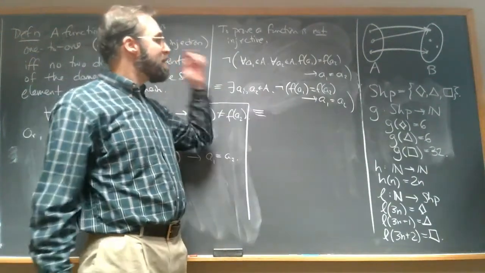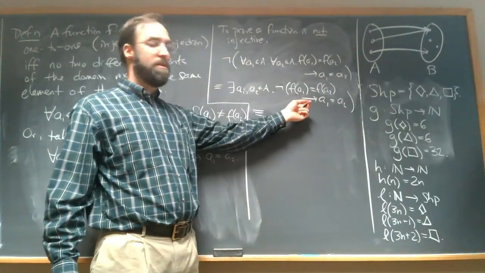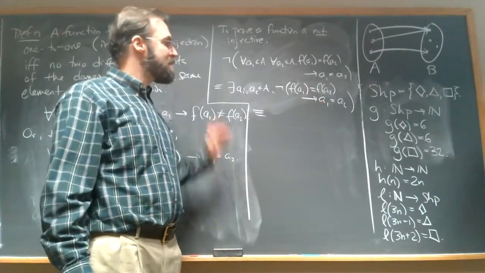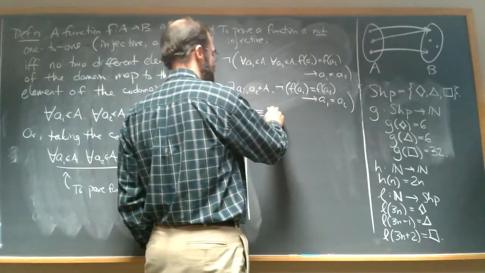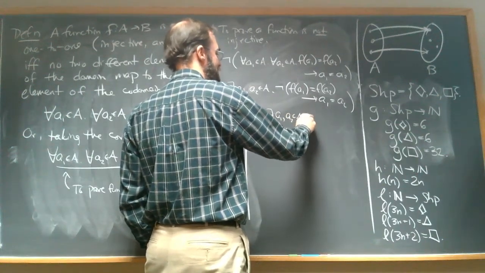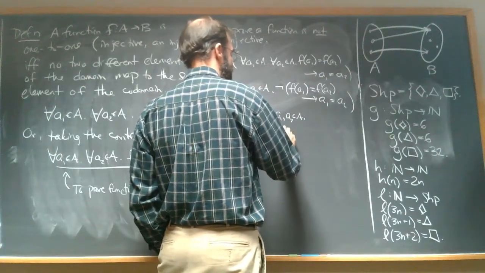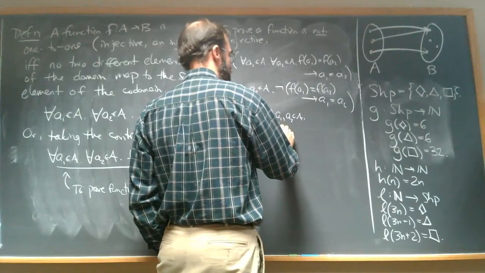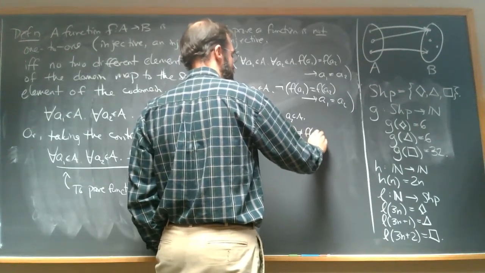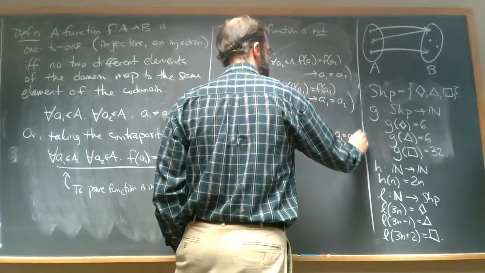well, let's see, what should we do next? We can use our implication law to turn this into an or, like not this or this, because then we can use De Morgan again. So A1, A2 in A, not, so f A1 not equal to f A2, or A1 equals A2.